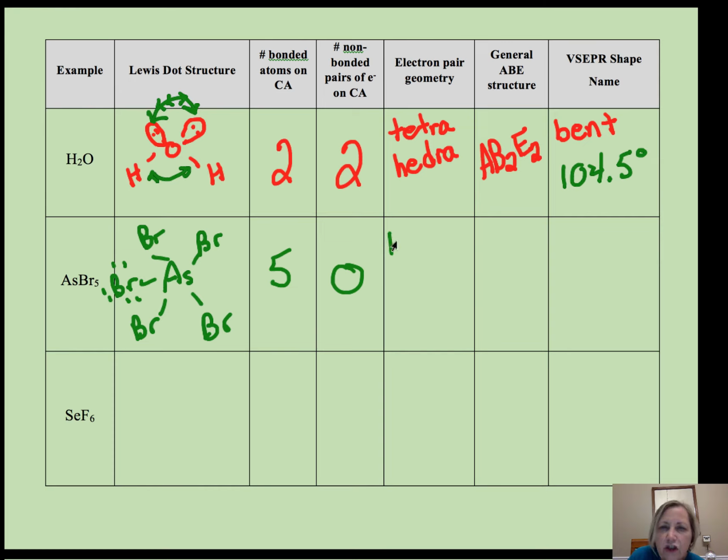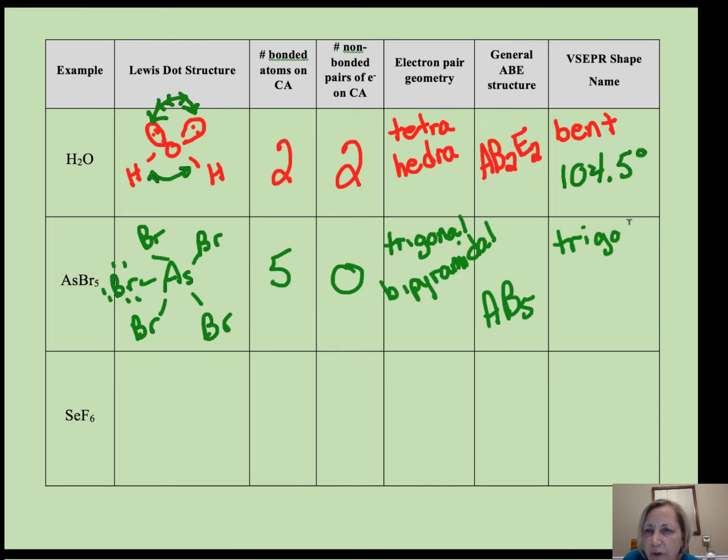This is called trigonal bipyramidal. And it's an AB5 structure. This is also trigonal bipyramidal. And it has angles of 90 degrees.